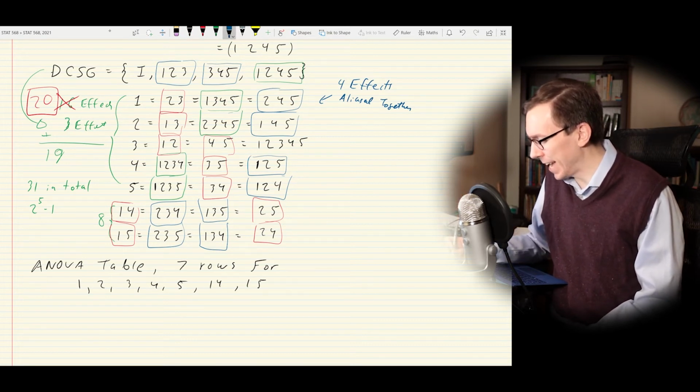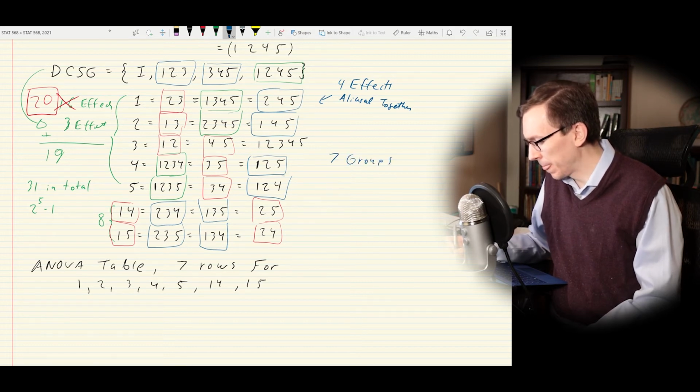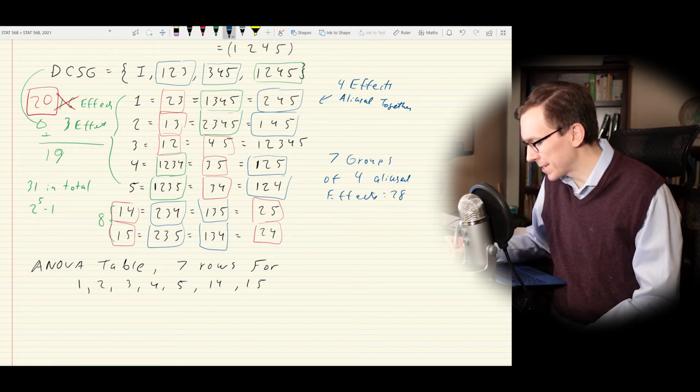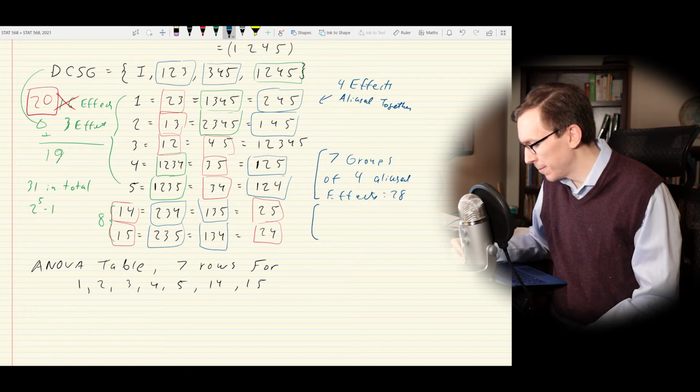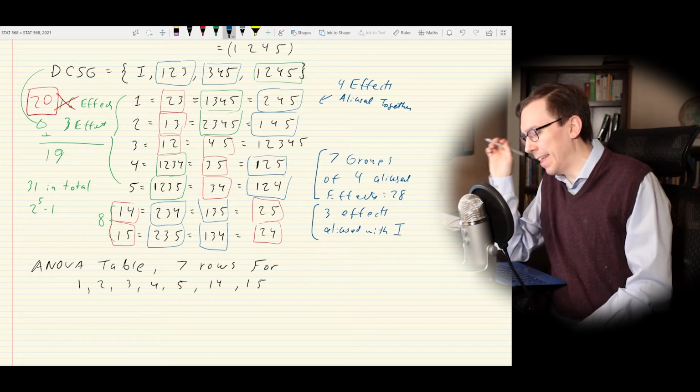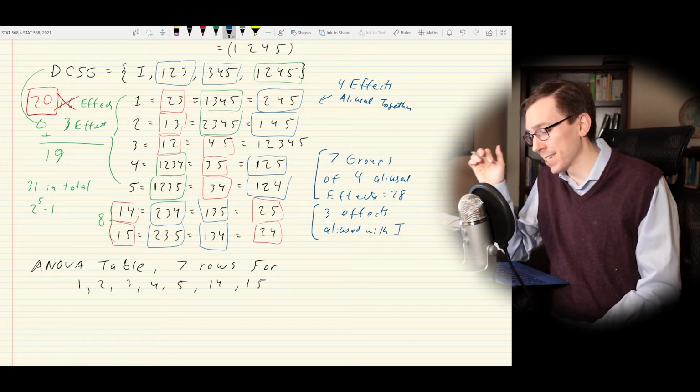So what I have is 7 groups of 4 aliased effects, which is 28. So that's the first part, plus 3 effects aliased with identity I, and that's going to account for everything in our design.